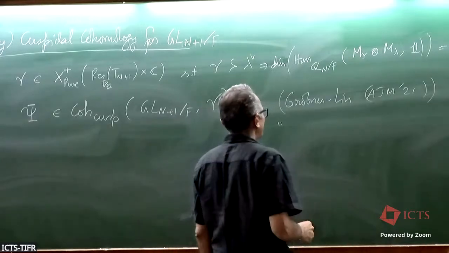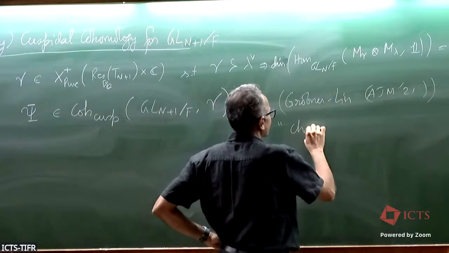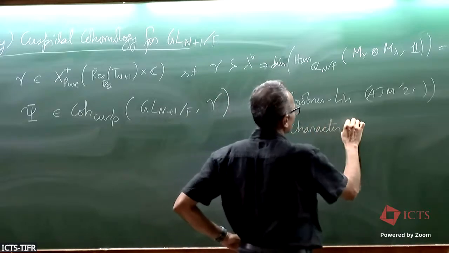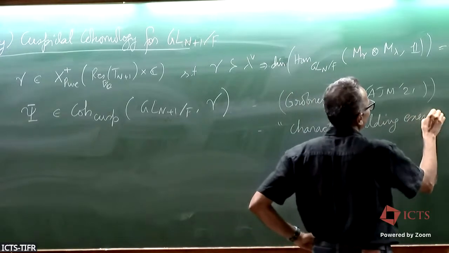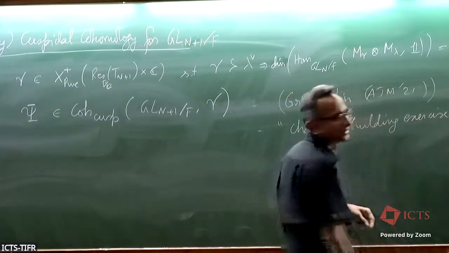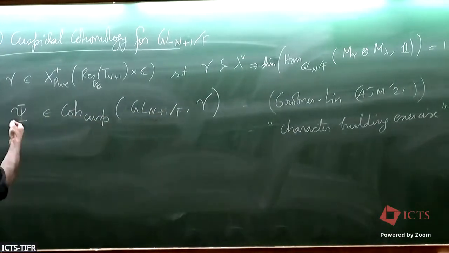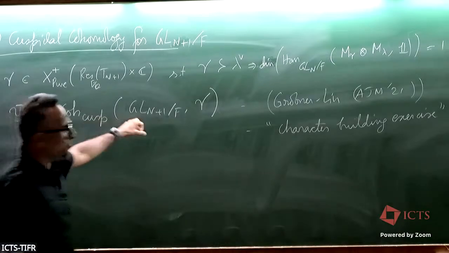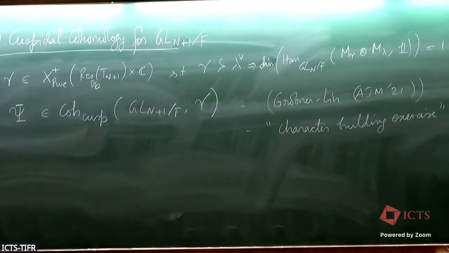And Michael Harris once told me that in some other paper of his, such an exercise is called a character building exercise. So after this character building exercise, we got a cuspidal representation on GL n plus 1. And we got that Eisenstein representation on GLN.